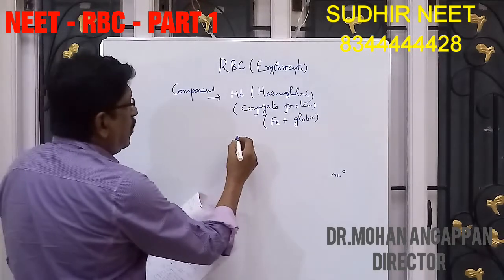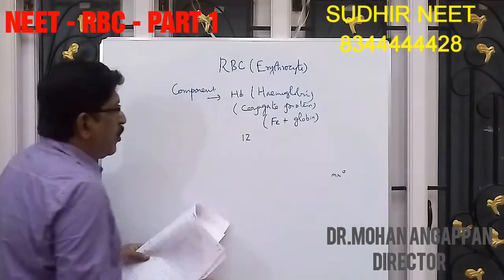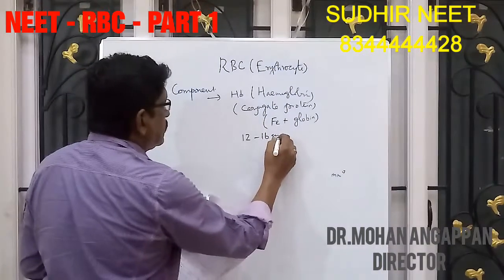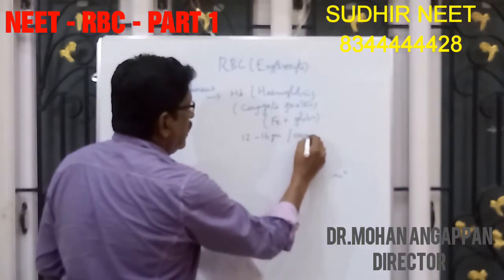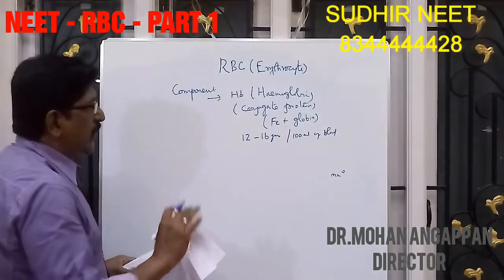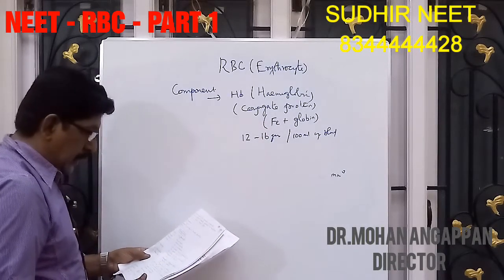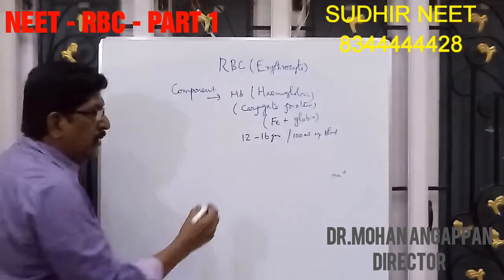So what is the count of hemoglobin? It is actually 12 to 16 grams per 100 ml of blood. So 12 to 16 grams is the normal range per 100 ml of blood. What is the main function of hemoglobin?